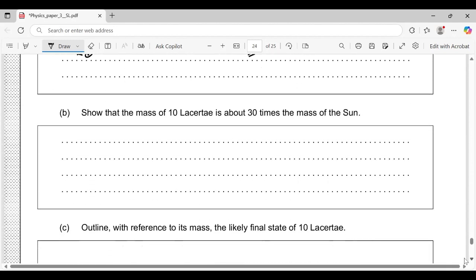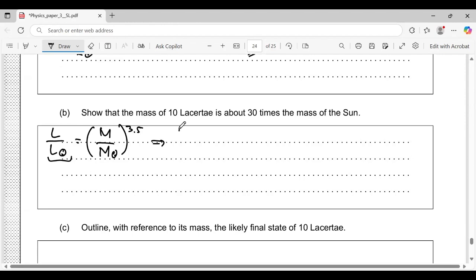Show that the mass of 10 letter T is about 30 times the mass of the sun. I will be using the mass luminosity relation for main sequence stars. So L over L of the sun equals M over M of the sun to the power 3.5. The value is 100,000.